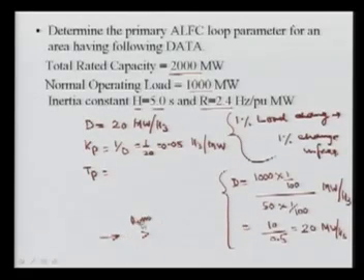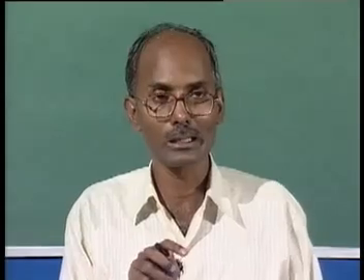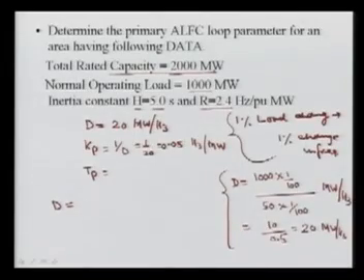Let us see, for this D we have to divide by the base. Base normally is the rated capacity of the system. Normally it's a higher value. So the rated capacity is 2000. So what we can get here is 20 divided by 2000.